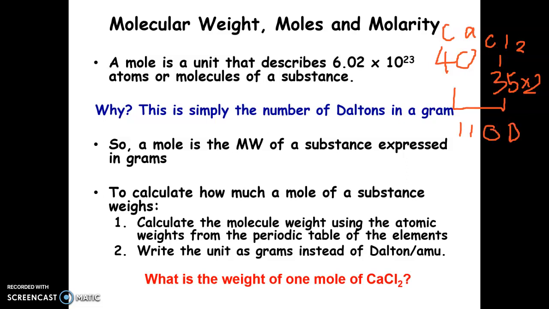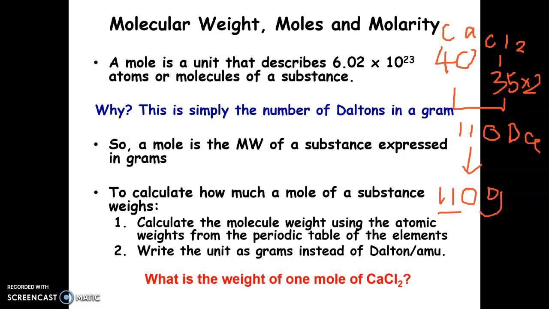So to turn this molecular weight into molar weight, all you have to do is take this number and change the unit to grams. So 1 mole of calcium chloride will be 110 grams.